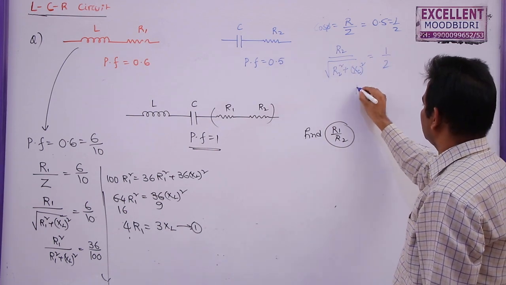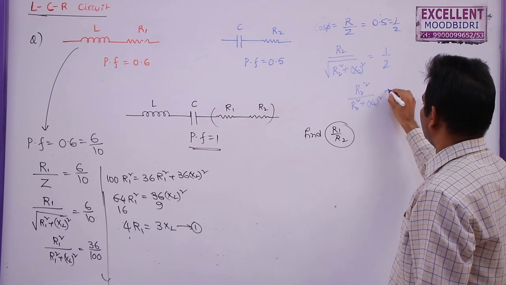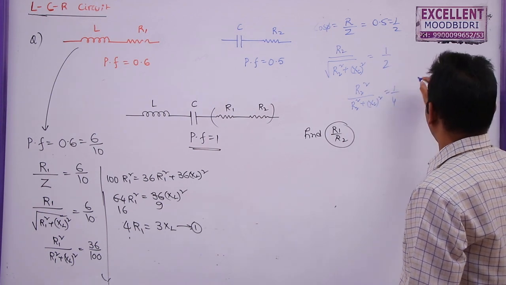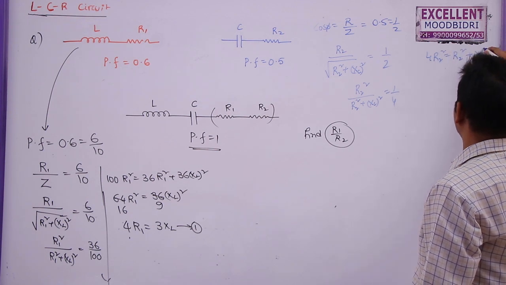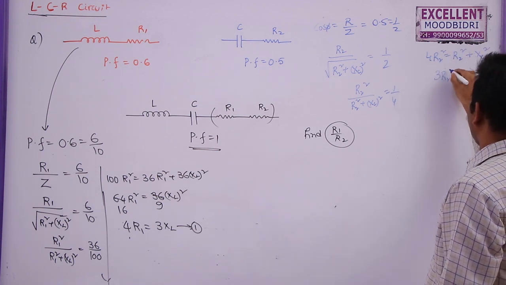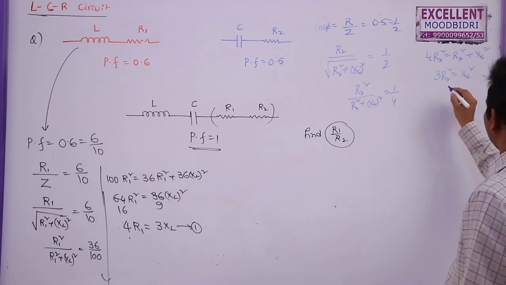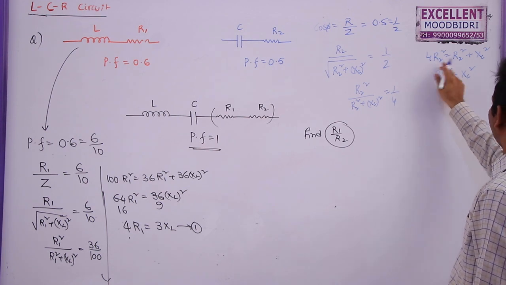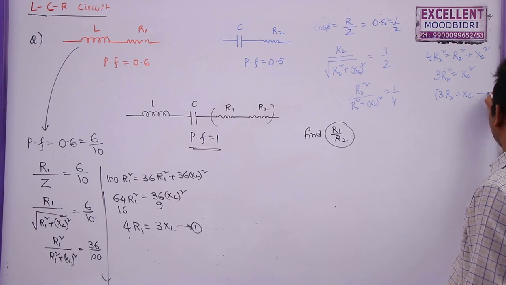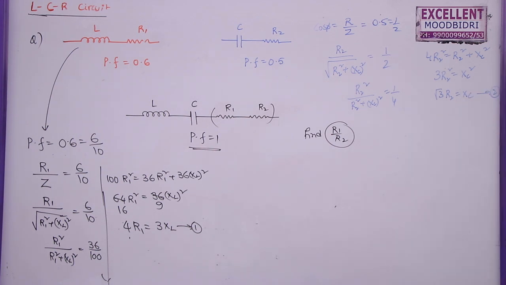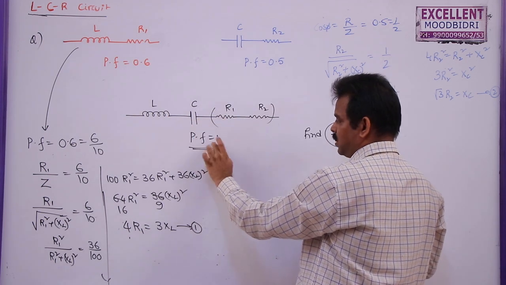Squaring on both sides, R2 square by R2 square plus XC square is equal to 1 by 4. 4 R2 square is equal to R2 square plus XC square. 3 R2 square is equal to XC square. So here also we can write the relation, root 3 R2 is equal to XC. This is equation 2.